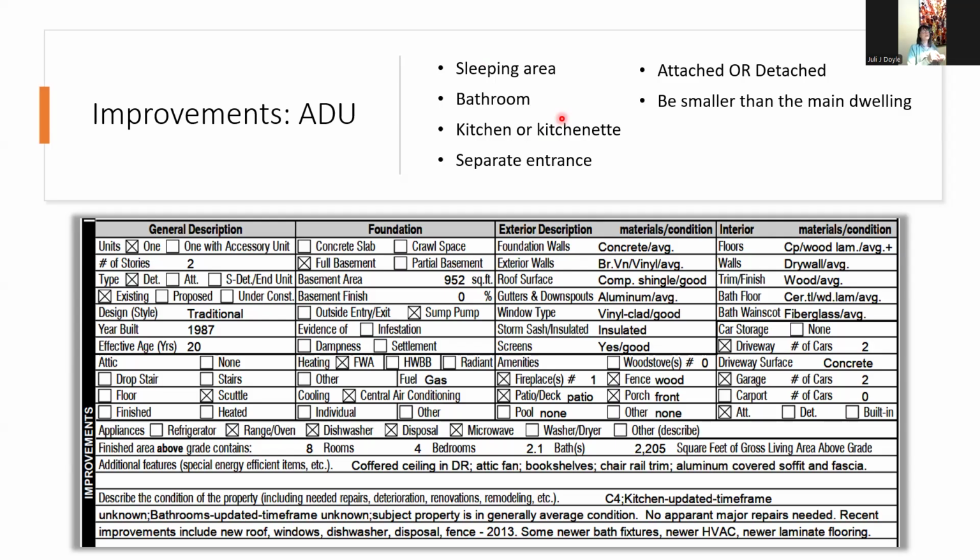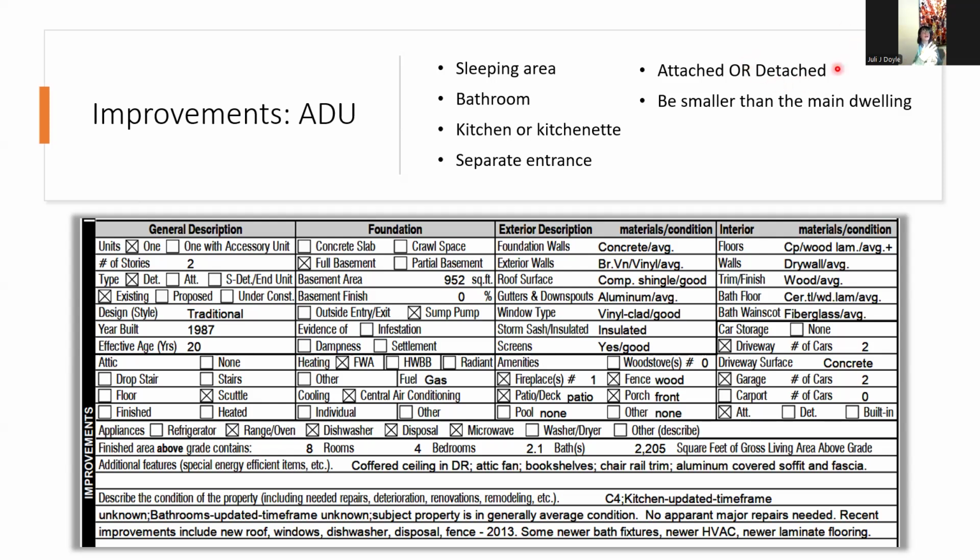There needs to be a separate entrance, meaning they can go into their accessory dwelling unit through its own entrance. So they cannot come through the actual house and go into the accessory dwelling unit. It has to have its own entrance. It can be attached or detached. And what do I mean by that?